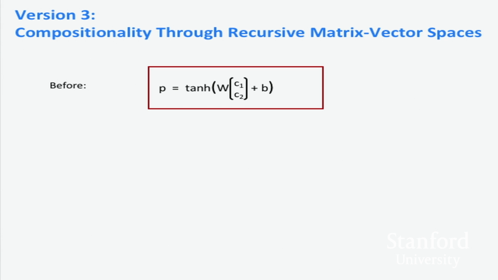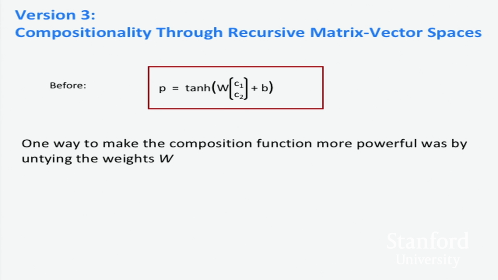But otherwise, we still had the problem I mentioned before that hadn't gone away: when you're doing this matrix vector multiply, you've still got half of W multiplying C1 and half of W multiplying C2, and there's no real interaction between C1 and C2, and that just doesn't seem what you want for natural language.